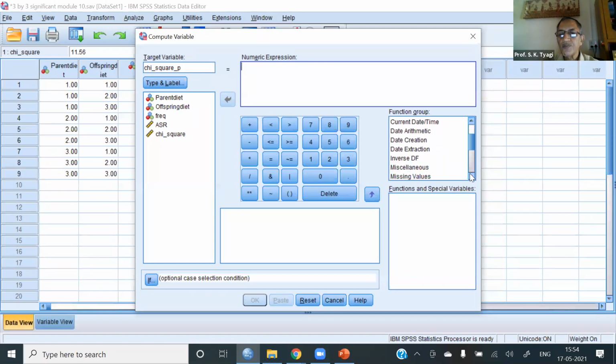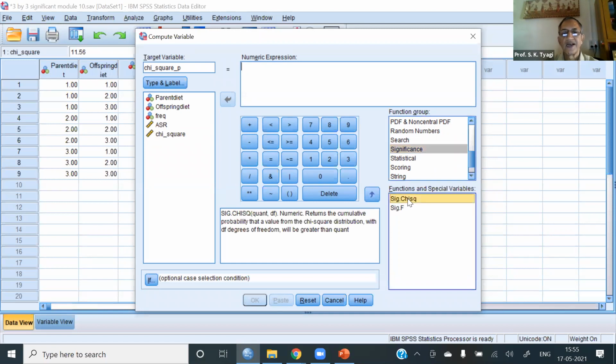Under functional group, we have significance, and we have significance chi-square. Select this, and this, click at this upward arrow. So this is significant chi-square, and you take this chi-square here with 1 degree of freedom, because there are two quantities FO and FE, so degree of freedom is 1. Okay, you get the p-value.